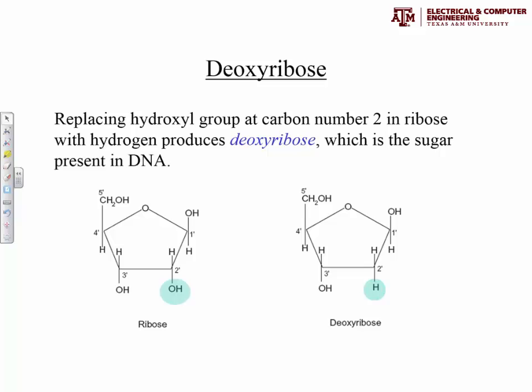This is the sugar that is found in DNA, whether it's from you, from me, from any animal. And this is one of the things that contributes to the terminology deoxyribonucleic acid for DNA, because this sugar is deoxyribose. If it is RNA, ribonucleic acid, the sugar is going to be ribose. It is not going to be deoxyribose. Important difference between DNA and RNA.